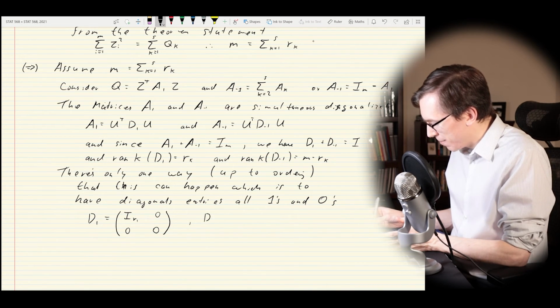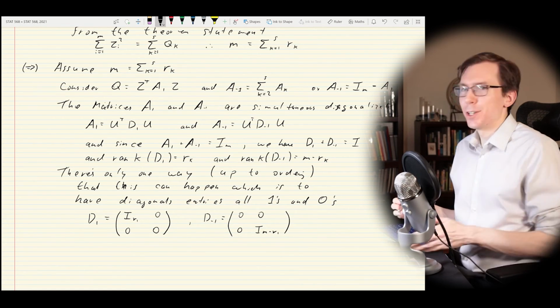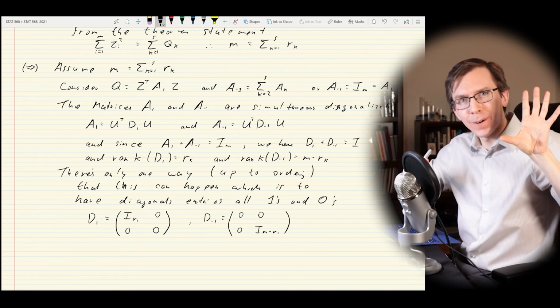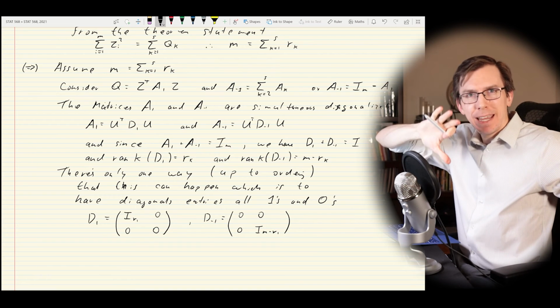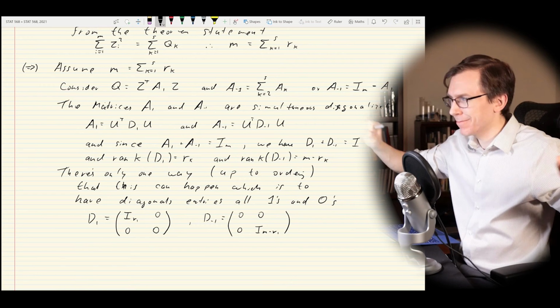And D minus 1 is going to be zeros and an identity of dimension M minus R1. So it's basically like we took the entire diagonal of ones and put R1 of them into D1 and the remaining M minus R1 into D minus 1.